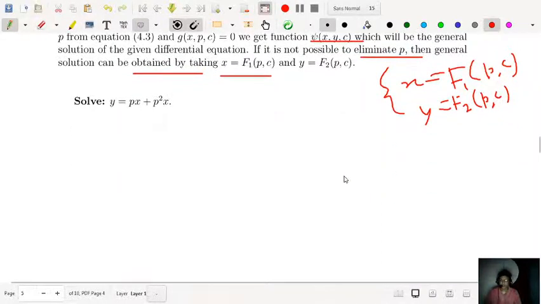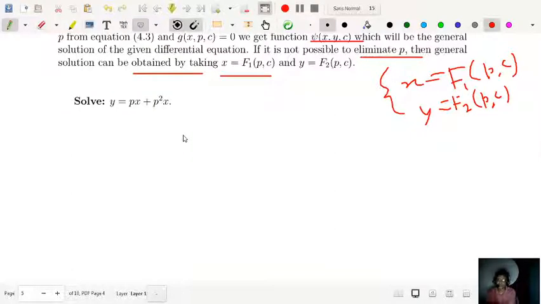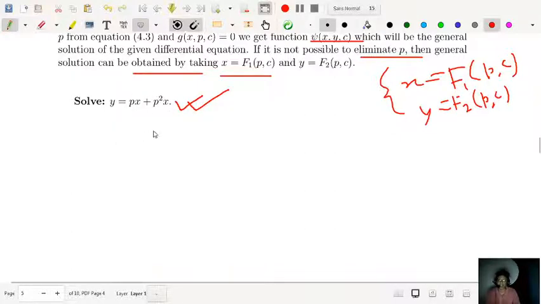Okay, so let me show you how in this case of y equal to px, solvable for p, y equal to px plus p square x. If I look at that, it is explicitly expressed in terms of p and x. So let us differentiate both sides with respect to x.